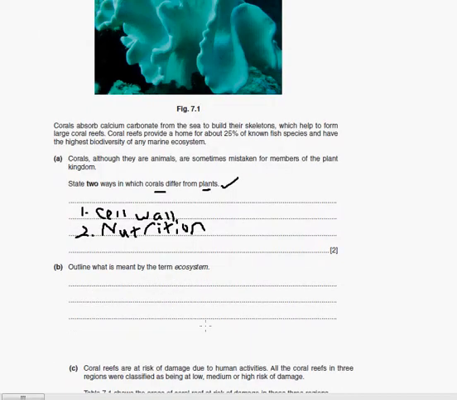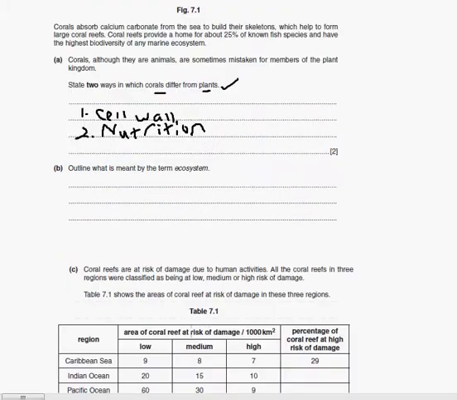So that's one thing. Then outline what is meant by the term ecosystem.